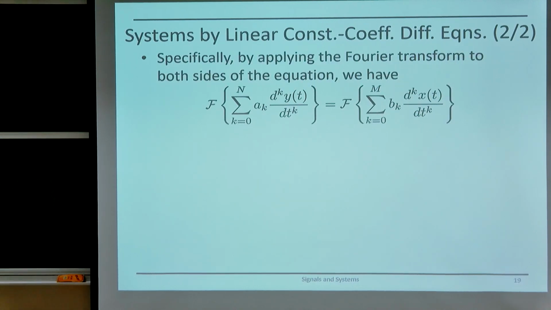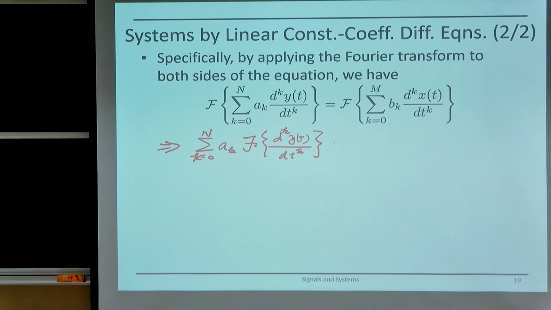Now, the Fourier transform is a linear operation, so you can bring this inside the summation. So this gives you the summation from 0 to n, a_k, Fourier transform of the kth derivative of y.